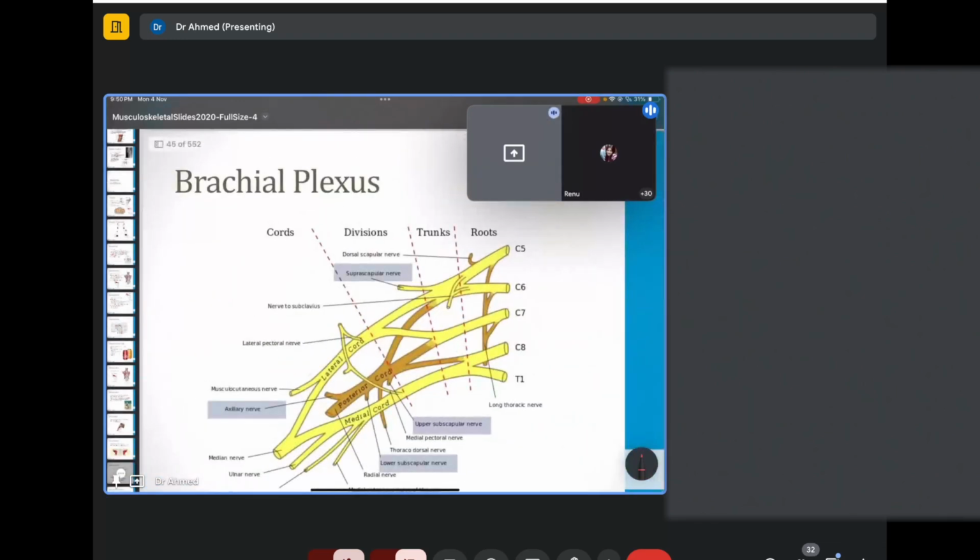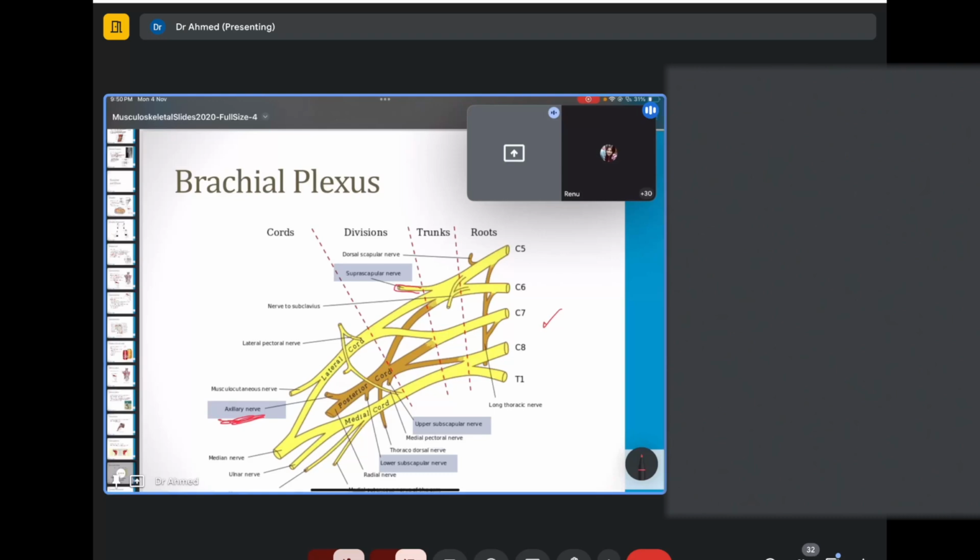Okay, brachial plexus. We'll be discussing the brachial plexus tomorrow, but here you can see it. This is your suprascapular nerve, which is going to supply your supraspinatus and infraspinatus, right? Then you have your axillary nerve, which is going to be damaged in this injury.